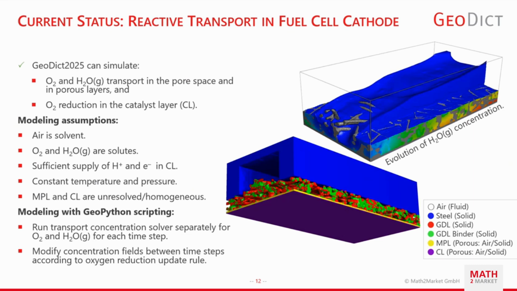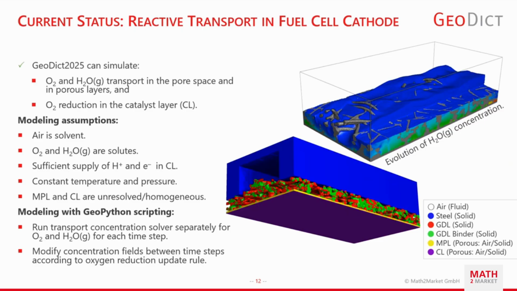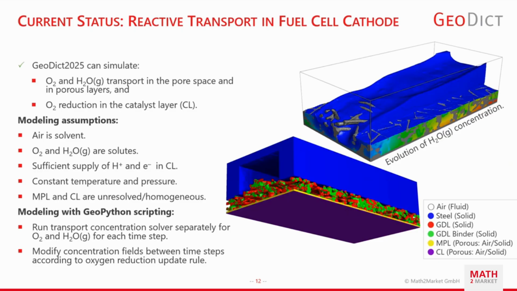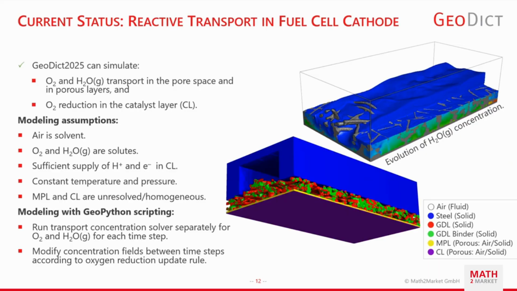Tomorrow, my colleague will give a talk about our new transport solver, which is available in GeoDict. And this solver allows to transport concentration on a given velocity field. And we can use this in combination to simulate this phenomenon which happens here.